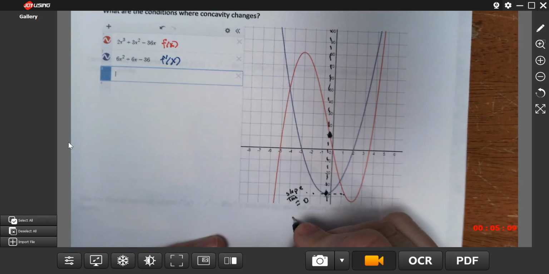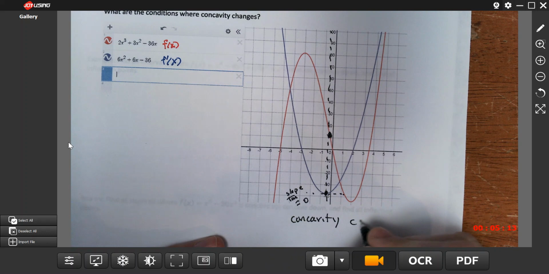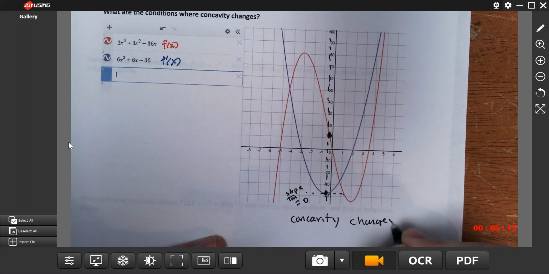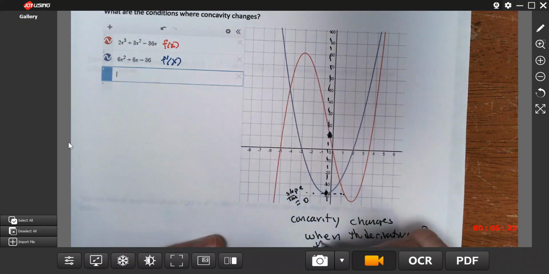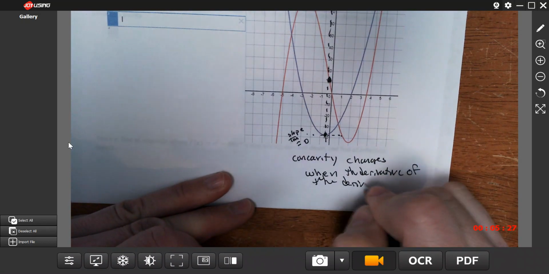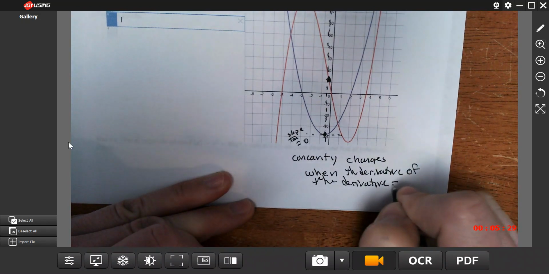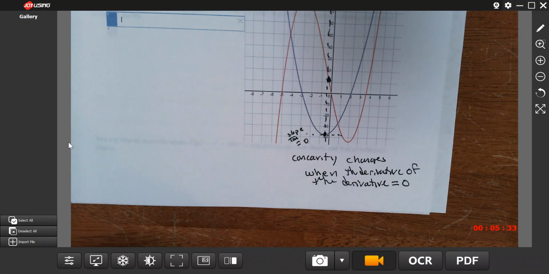So it turns out that concavity changes, or can change, when the derivative of the derivative equals 0. So that brings us to a definition.